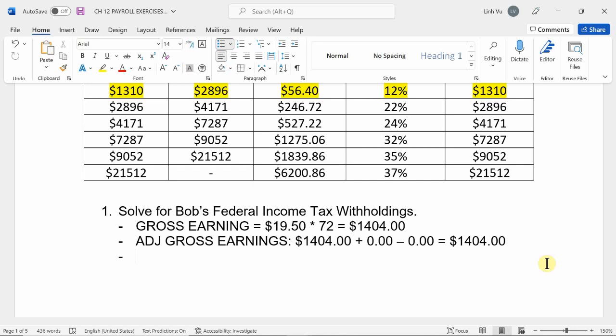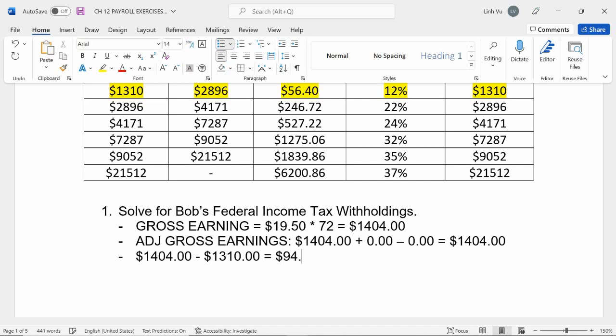So in this case, I have to take my $1,404, right? The government lets you keep $1,310 without taxing it, for free. So what's the difference between the $1,404 and the $1,310? How much extra money did he earn? $94.